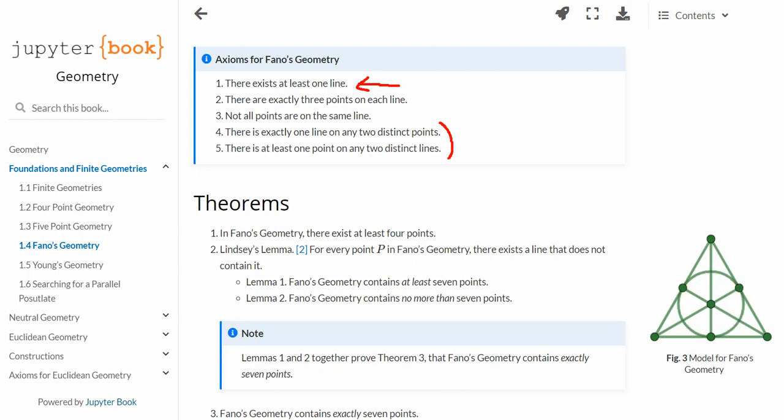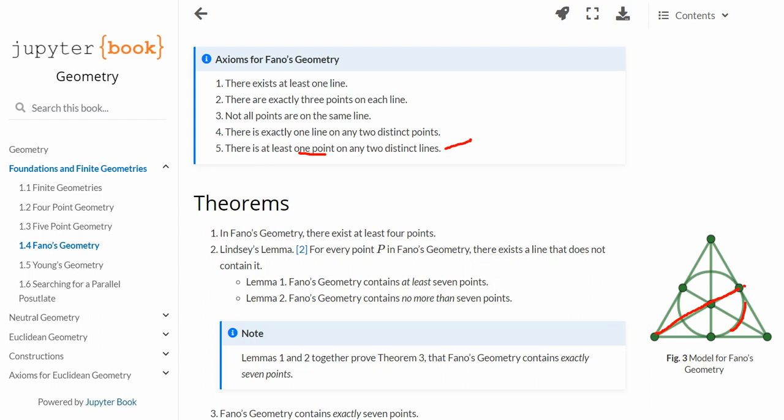Okay, so the last thing we know is that there's at least one point on any 2 distinct lines. Okay, so pick any line that you want. So let's pick this one. And let's pick this one, right? Well, there is a point that's on both of them. Pick another line. I can pick this line here and this line here.